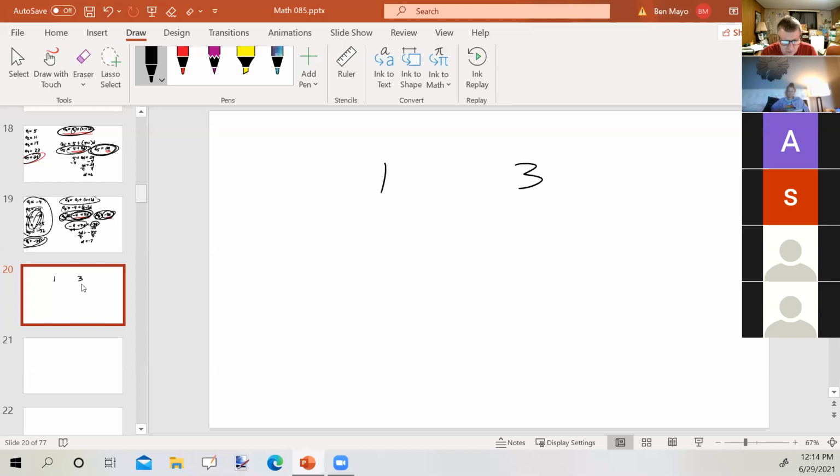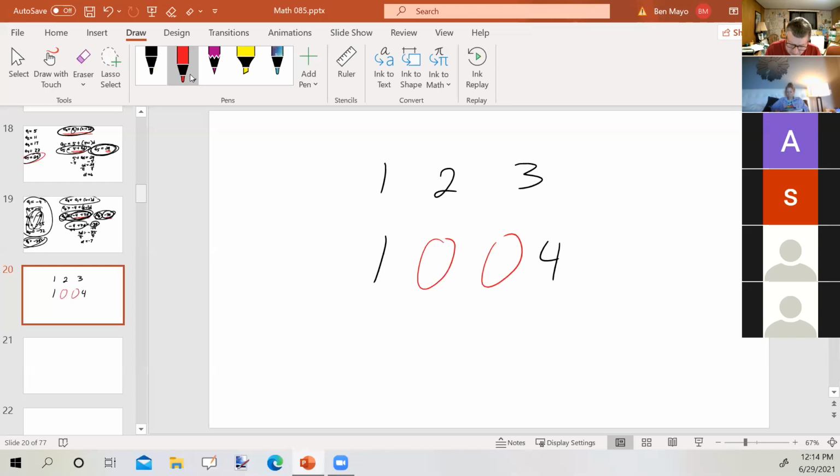What would the middle value be? 2. Right. But what if I had 1 and 4, and I wanted you to find 2 arithmetic means? What that means is that I want 2 numbers in the middle such that all the numbers are evenly spaced. So what would this be? 2 and 3, right?